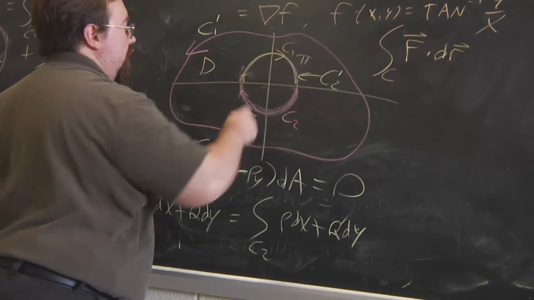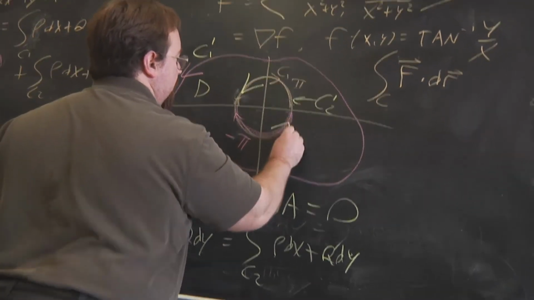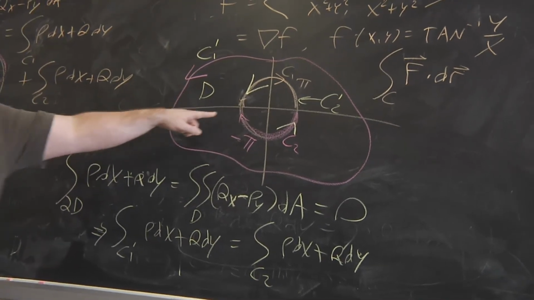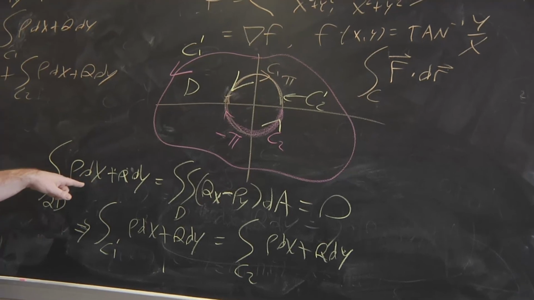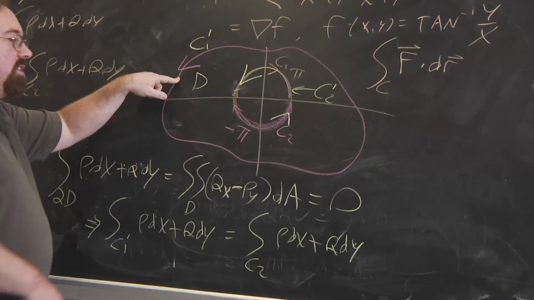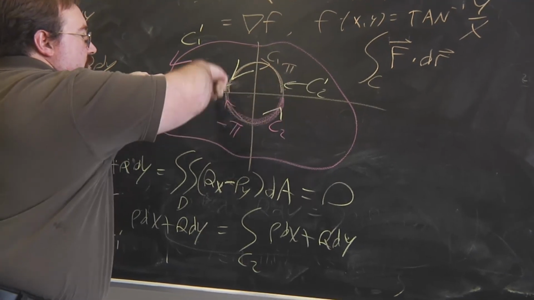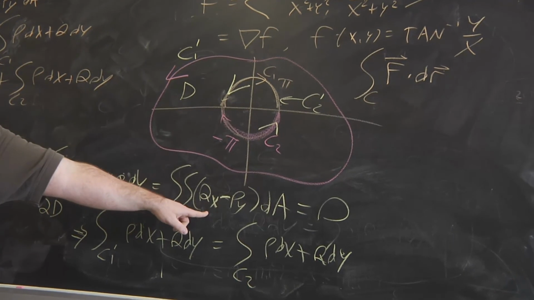If we give both curves this orientation, counterclockwise for this one and counterclockwise for this one, you add those two integrals together and you get 0. That's what this is saying.